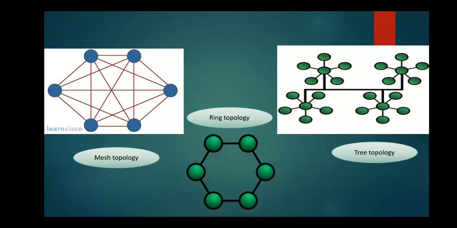Now the ring topology. In the ring topology, all the nodes in a network are connected in a circular manner. Each node connects to two other nodes and they can transfer data among each other using their neighboring nodes. Tree topology is the most common network setup, just like the branches of a tree.